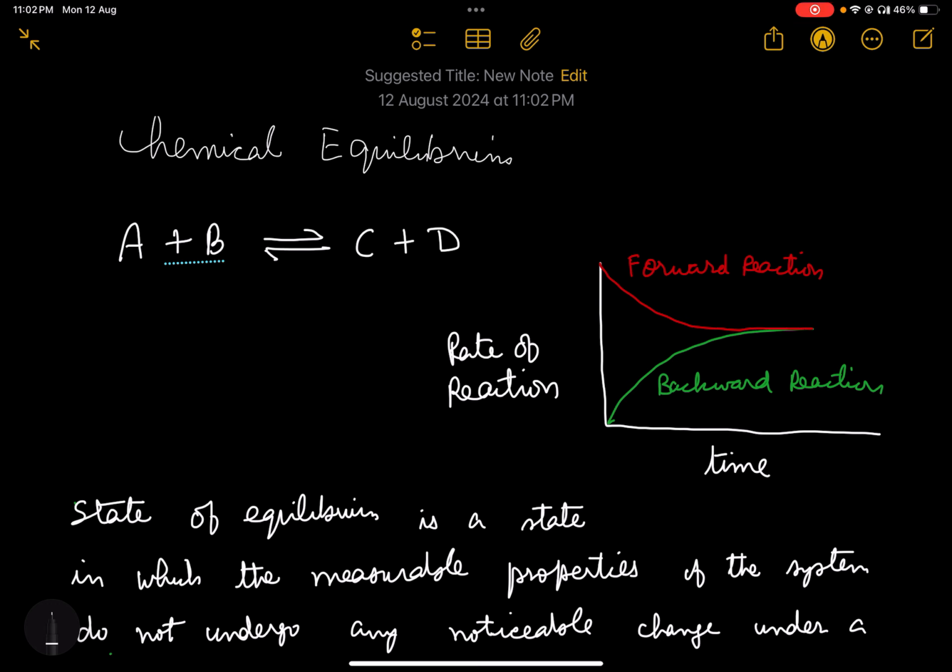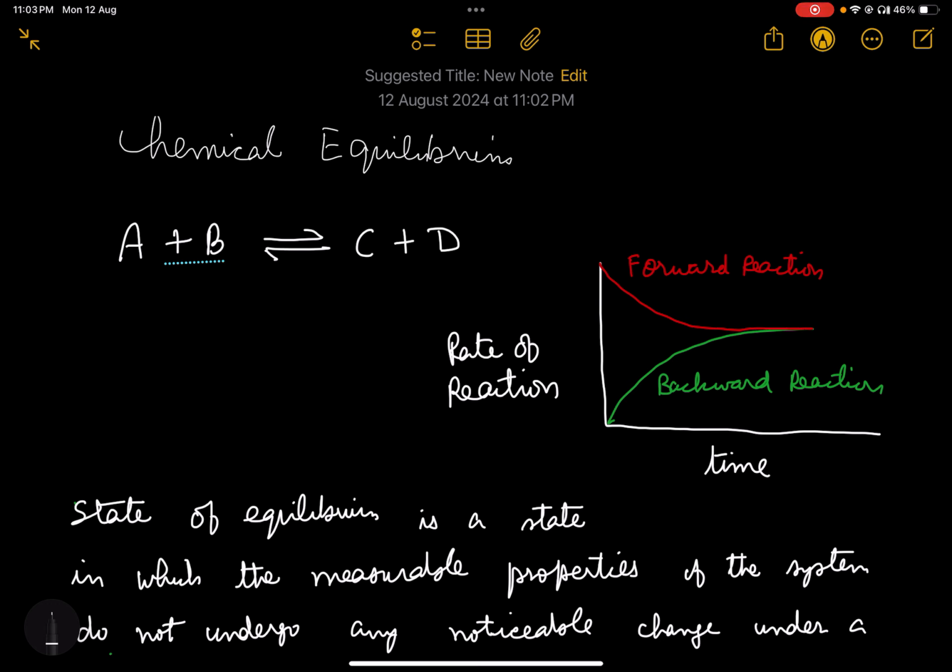In a general reversible reaction where A and B react to give the products C and D, with the passage of time, the concentration of reactants A and B decreases. Therefore, the rate of forward reaction decreases, as shown by the red line.